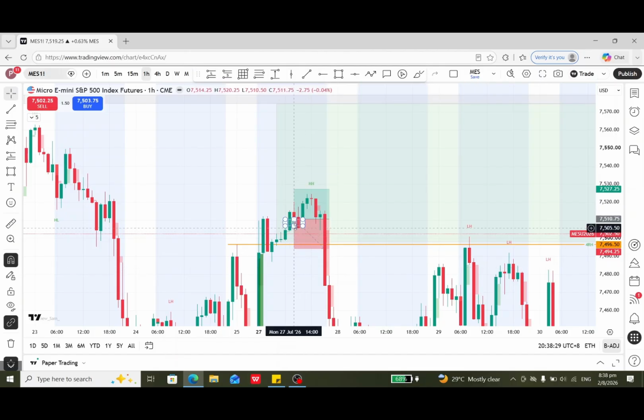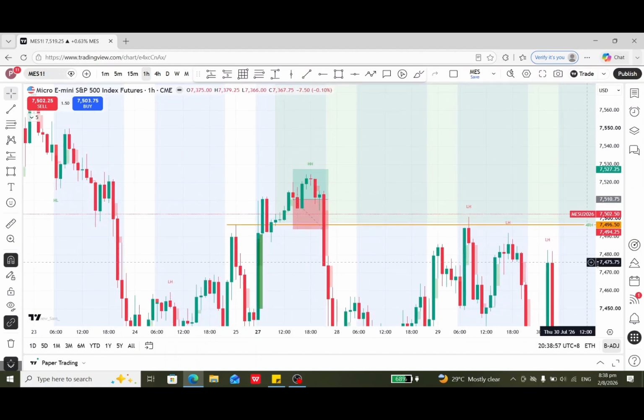The market came back to this 1 hour gap and bounced back. Then for a few hours, until the 5 o'clock candle closes at 6, it almost reached the TP, but during the US session the market reversed back. This is where it hit the stop loss, here. So this trade is a loss trade.